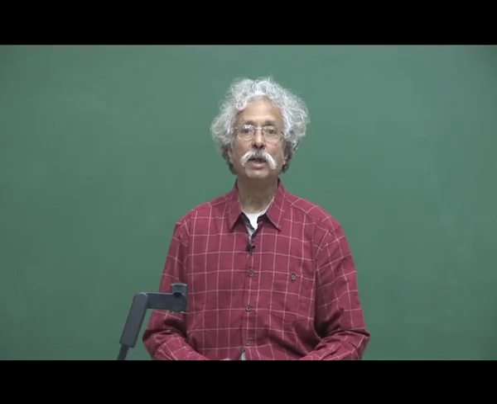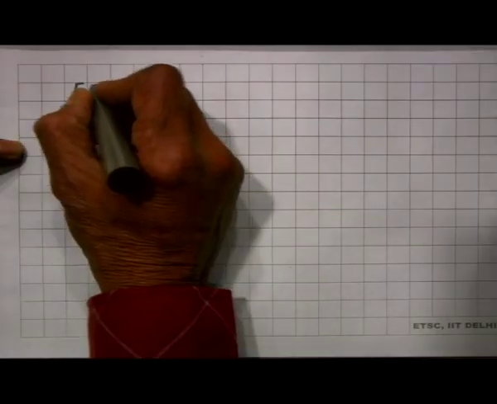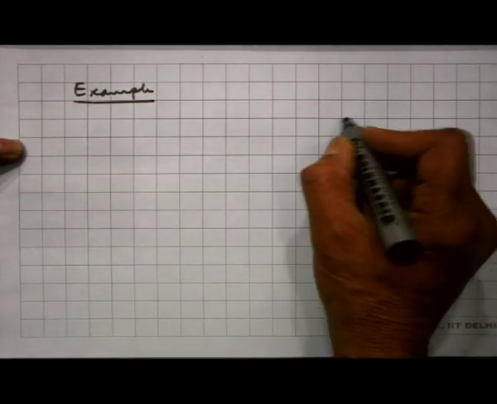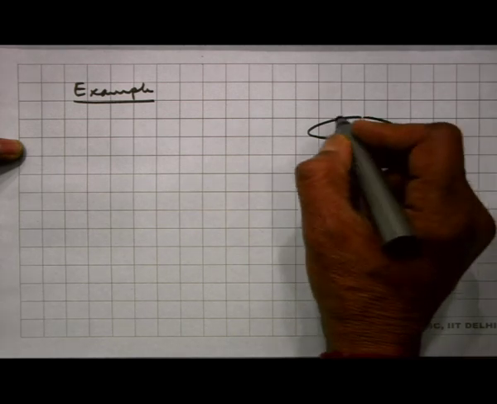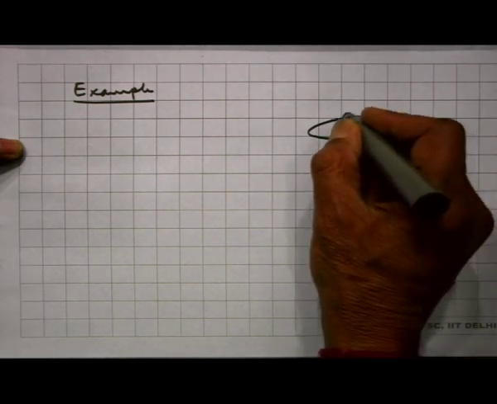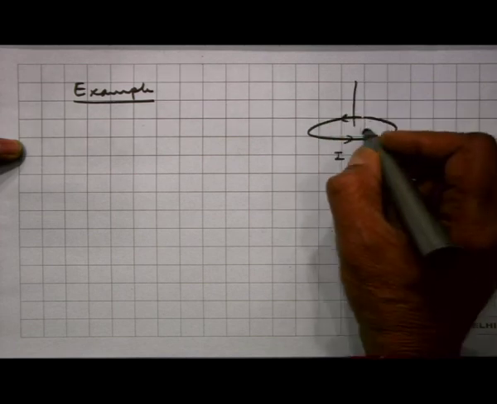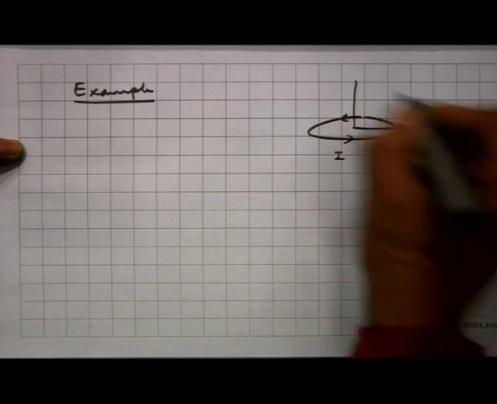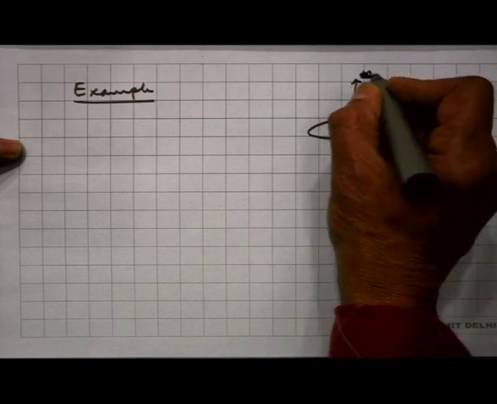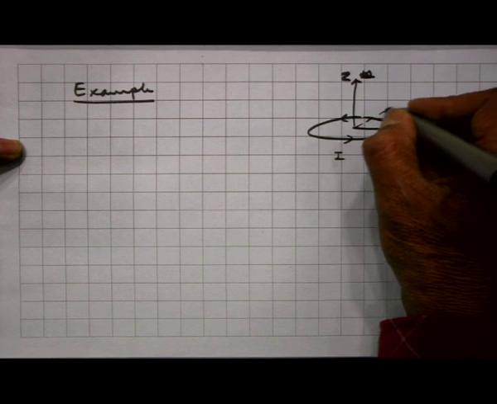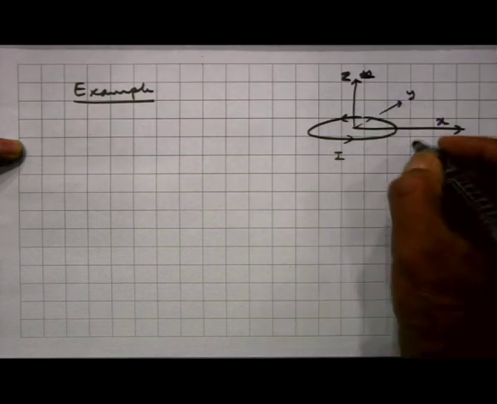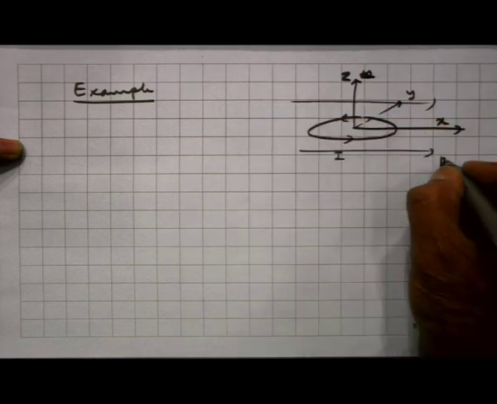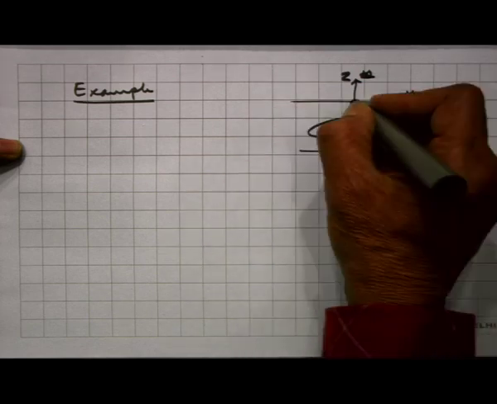Now, I want to look at one example here. So, let me assume I have a loop carrying current like this, placed in a magnetic field. So, let me call this x and this is y. So, this is z and the y axis is like this, and I have a magnetic field which is pointing like this, and because the current is going like this, the m vector is here.